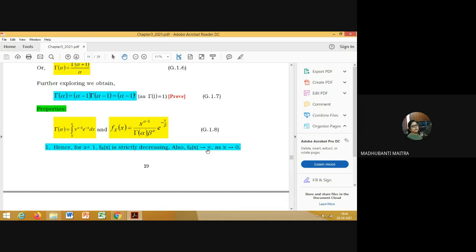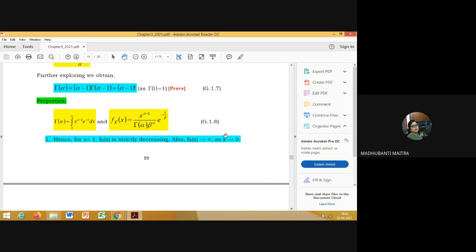Is it now clear? Yes, ma'am. Shubham is trying to say something, but his mic is not working. Your voice is not clear. Ma'am, the numerator has x to the power alpha minus 1.